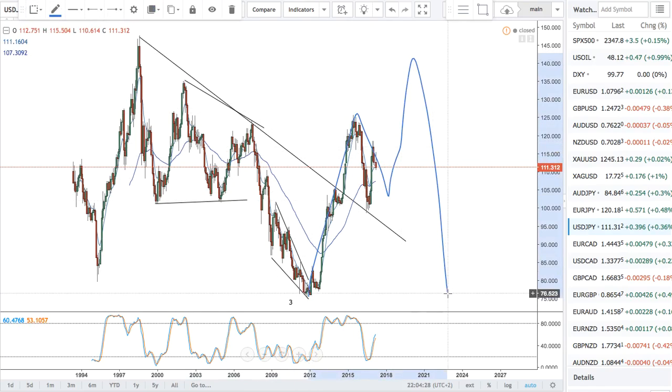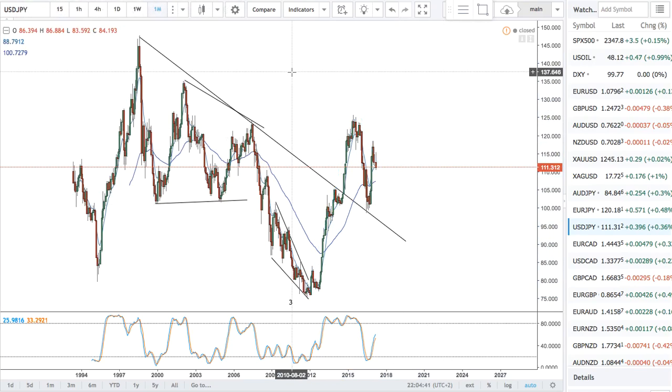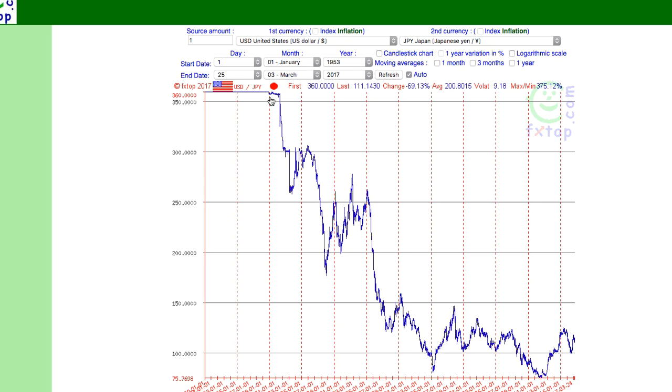However it materializes, some big collapse for the dollar to follow. And then some point way in the future into the 2020s, see it finally turn around beneath 75. So the long-term picture for dollar yen remains bearish. From 1971 all the way into the 2020s, I'm looking for a continued down move in the dollar yen.